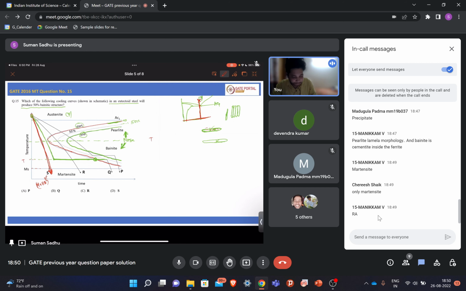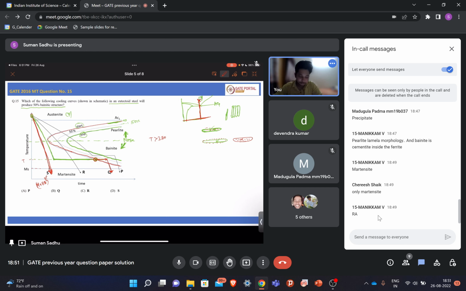If this temperature is above 350, then you will get precipitation at the boundary of this alpha, that is upper bainite. And if this is below 350, then you will get lower bainite, where precipitation will be inside this supersaturated alpha only, right? So at this point your transformation is starting, then it is going further, then it is touching this point, that is the 50% transformation, and then we are quenching it.